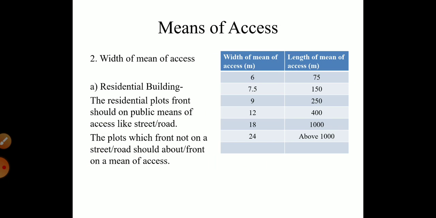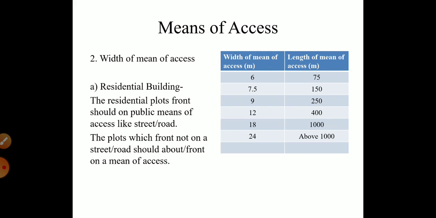First topic is means of access. So what is the means of access? Every building should provide a means of access in the form of a clear way which is not less than 3.6 meter in width up to 3 storeys and 5 meter beyond 3 storeys, from a street to the entrance door.